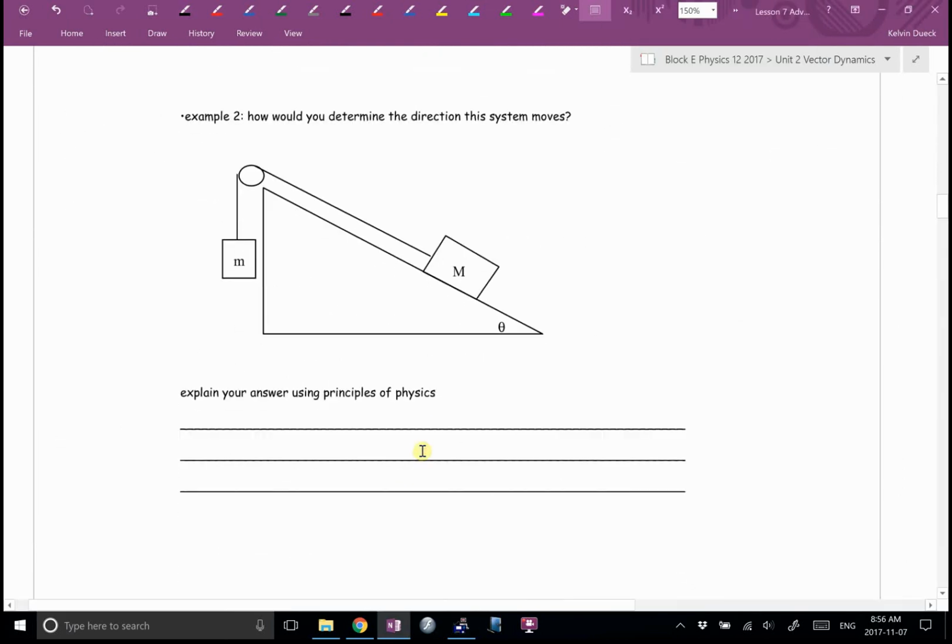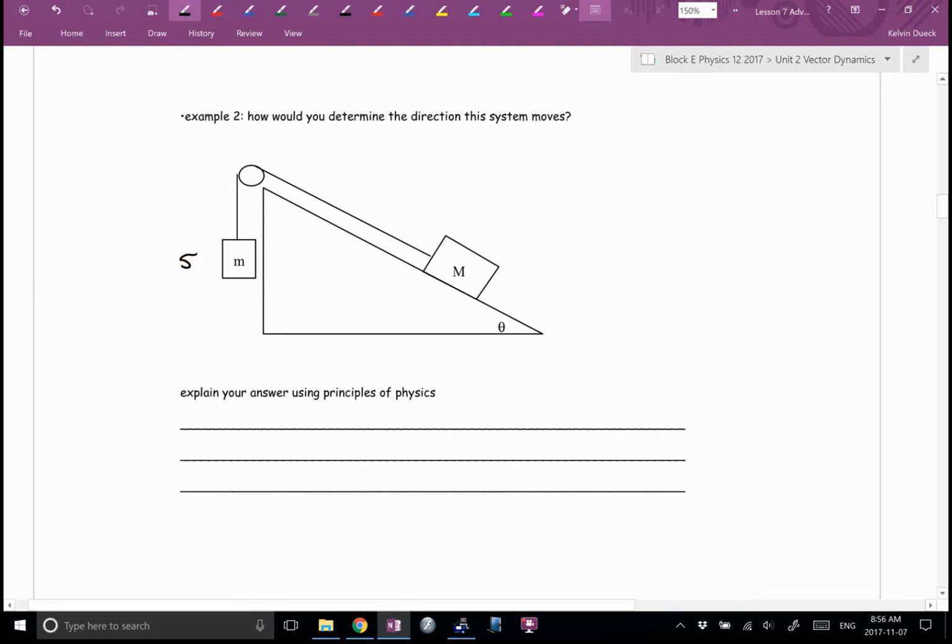Example 2 says, how would you determine the direction that this system moves? We have a little m, we have a big M, we have a theta. Don't write this down, but I'll put some numbers on here.